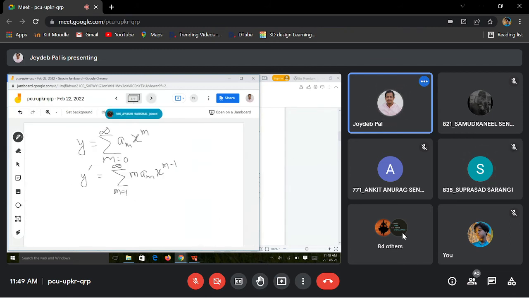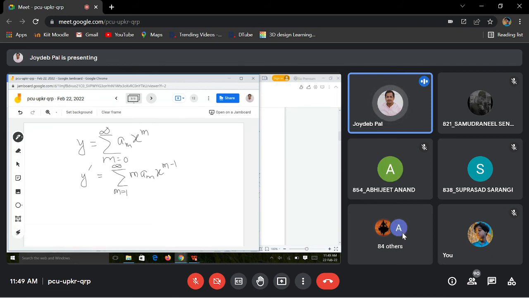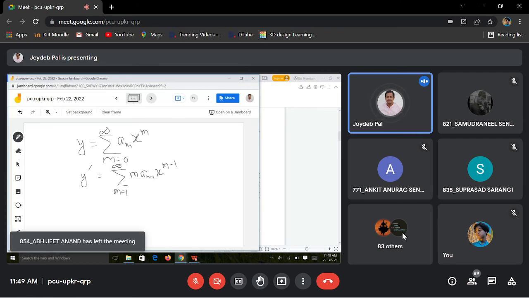That is why you have to be careful when writing the summation. The lower limit of the summation will be 1 to infinity. Differentiation of the general term is easy; the limit changes, so be careful.